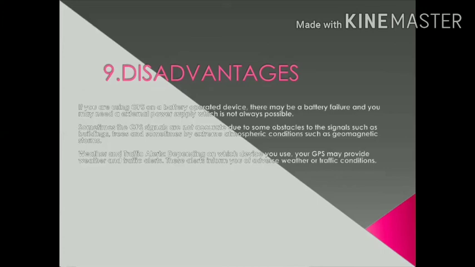Sometimes the GPS signals are not accurate due to obstacles to the signal such as buildings and trees, and sometimes by extreme atmospheric conditions such as geomagnetic storms, weather, and traffic alerts. Depending on which device you use, the GPS may provide weather and traffic alerts. This alert informs you to be advised of weather or traffic conditions.